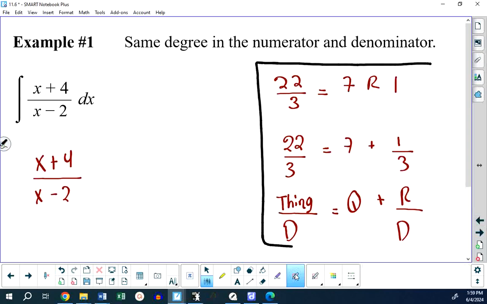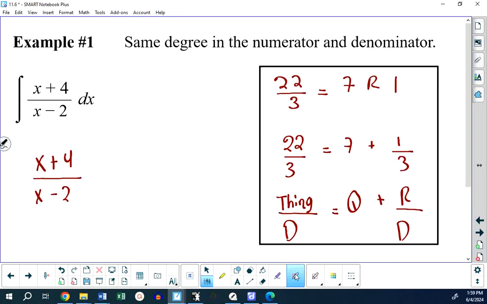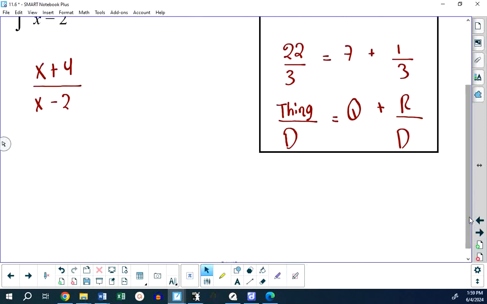That's the rule that we use to connect all of the players in the division. So what we are going to do is divide x plus 4, which using synthetic division gives us this setup, by x minus 2.